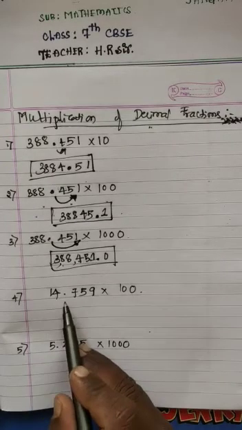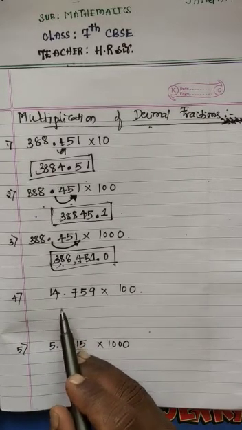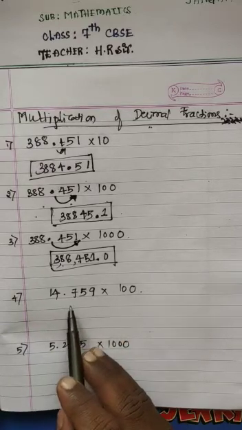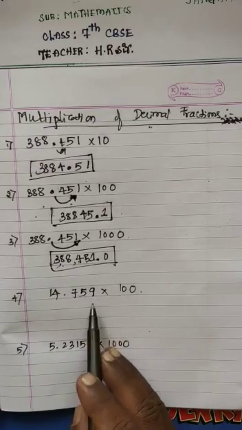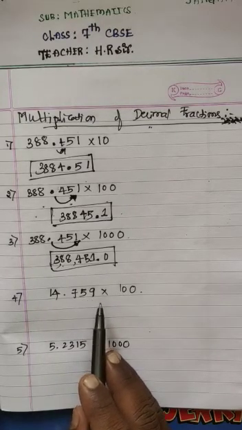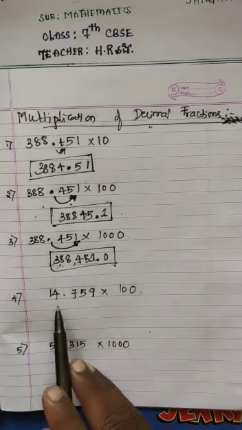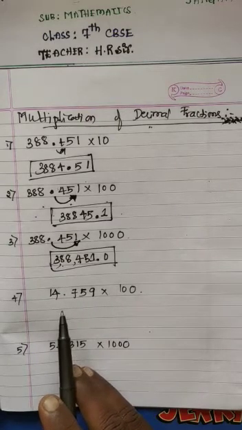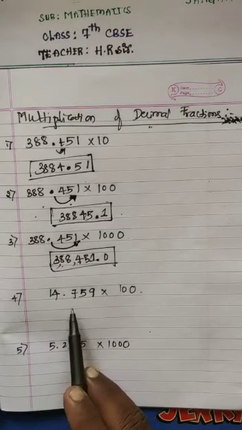Next we have example four, that is 14.751. Here after the decimal point we have three decimal places: 7 is in the tenths place, 5 is in the hundredths place and 9 is in the thousandths place. Here the integer part is 14 and the decimal part is 751.